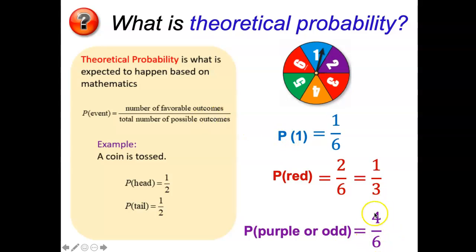We can still simplify this to 2/3. If we want to express our probability as a decimal, that will be about 0.66666 or 66.666%, or 66.67%.